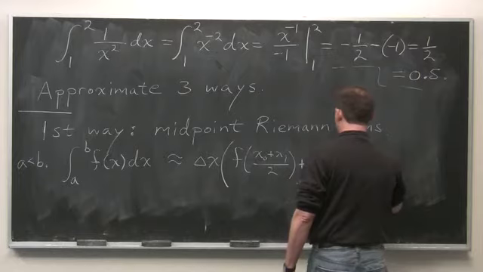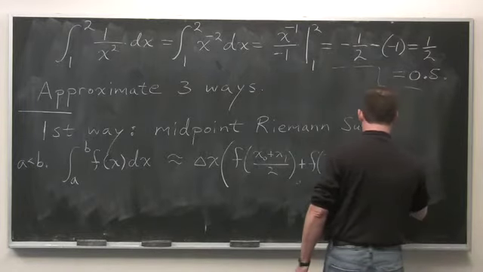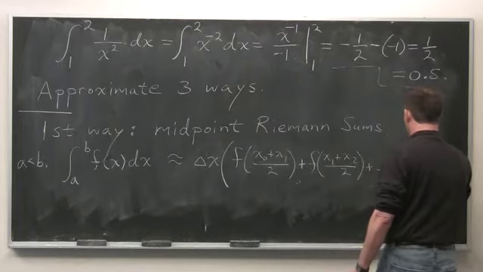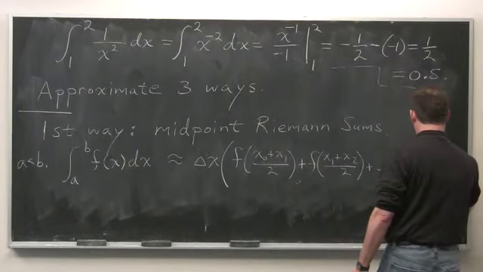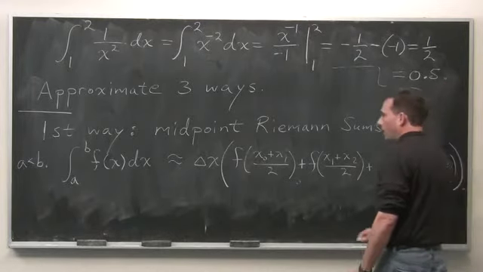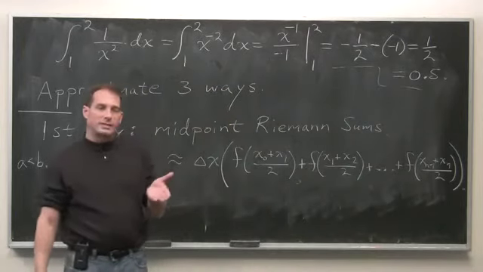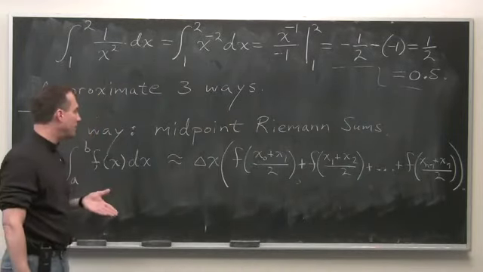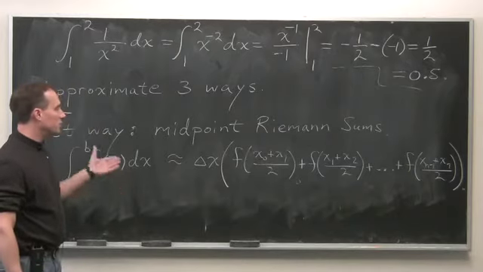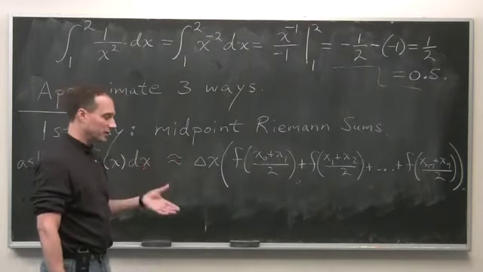There are some theoretical statements about the bound and the amount of error in using this as an approximation. They're in the book. I am not going to talk about them. But what typically happens, and what you expect to happen, is that as n gets bigger, so you divide this into more subintervals, your approximation gets better.